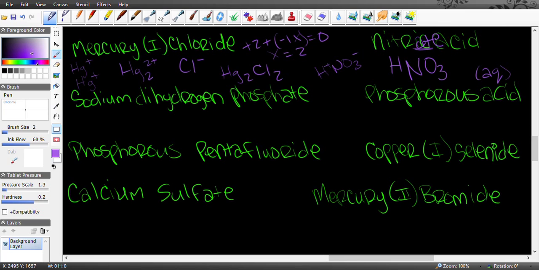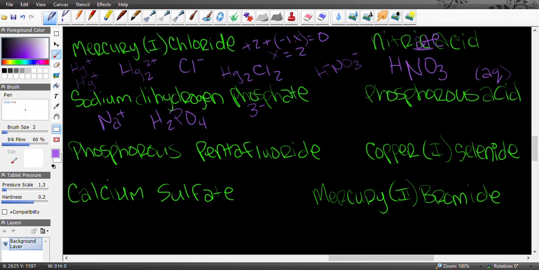Alright, here's a harder one. Sodium dihydrogen phosphate. Dihydrogen, H2 phosphate, PO4, right? We know that's phosphate. The normal charge on phosphate is 3 minus.